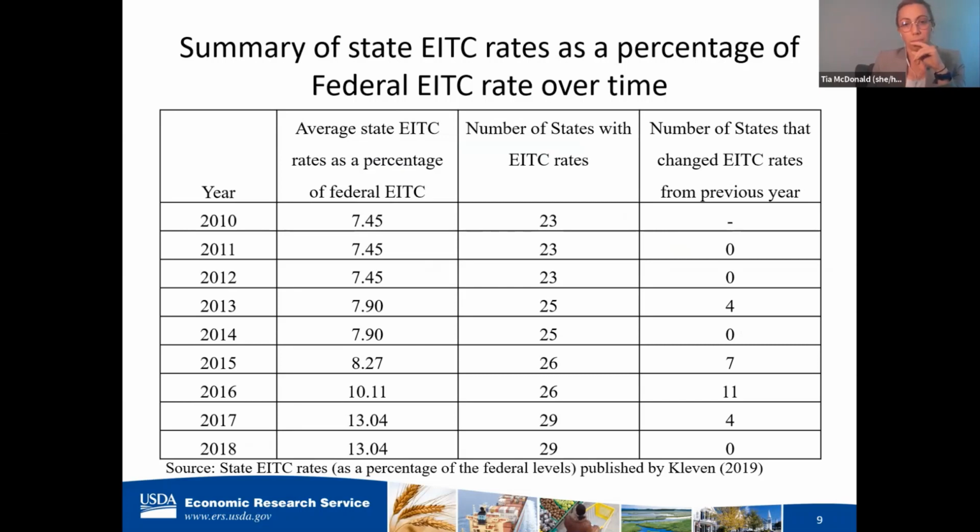At our starting point in 2010, about 23 states have some level of EITC, and that's going to increase to 29. There are states that are increasing that, but not all states increase. Some decrease, and some eliminate their program.